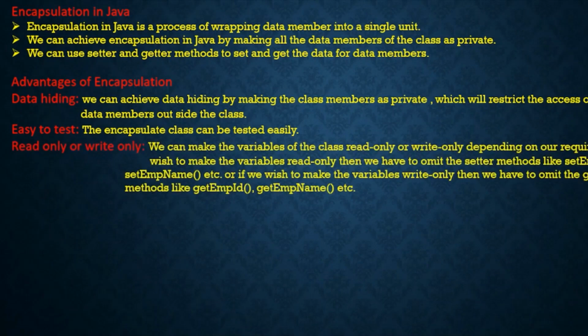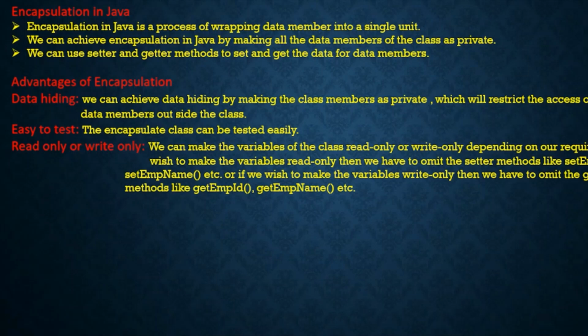Okay, and read only and write only. By setting the employee name and employee ID, we are editing, we are writing the data to the data members, right? If you are able to write the data through the set methods, then how do we achieve read only?